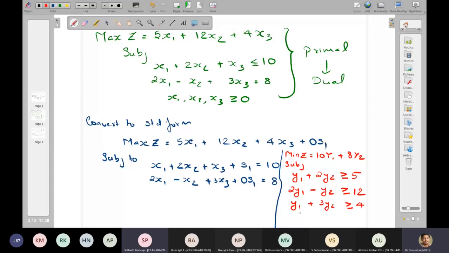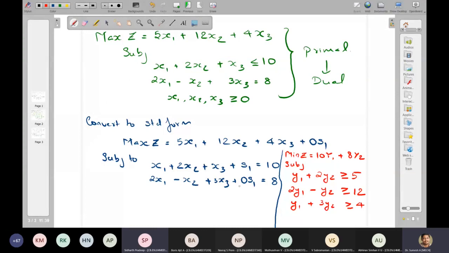No, only three constraints are there. There is s1 also, but you have to consider it as a fourth constraint. Previously also we considered it.